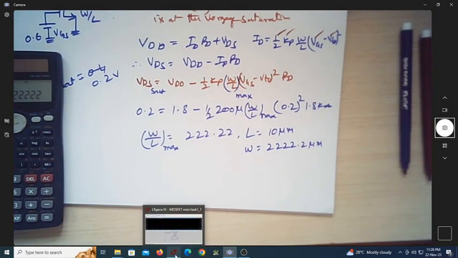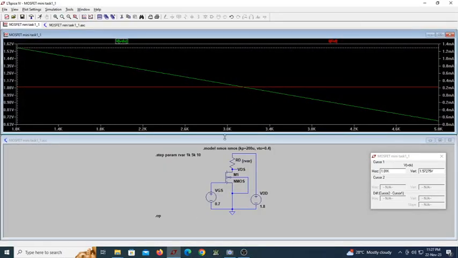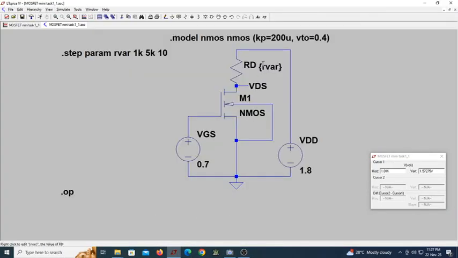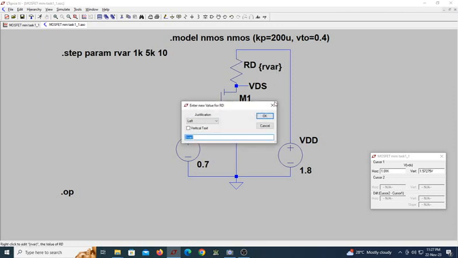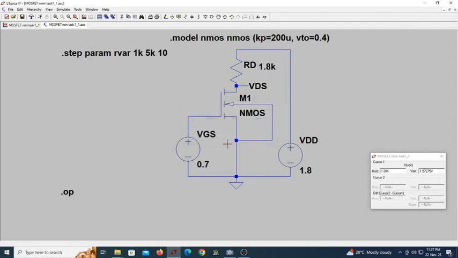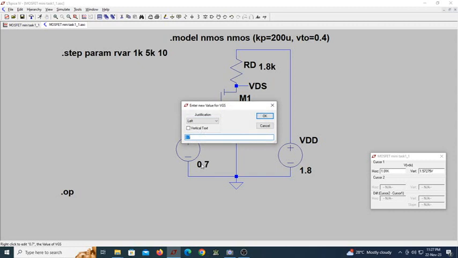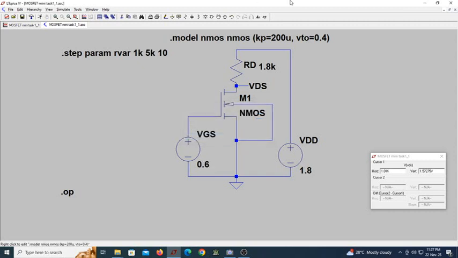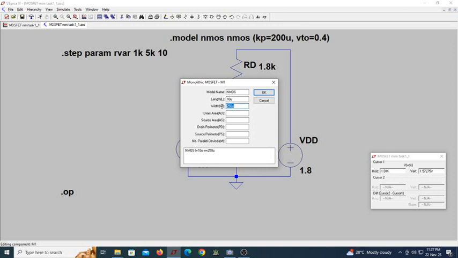So let us do the simulation. Let me go back to the same circuit and slightly modify it. Make this 1.8K. Since it is fixed, this is again 0.6, and we cannot keep the value of W by L as 25 as in the previous case. Let me vary it: I put the value in curly brackets as WVAR, the width being varied.